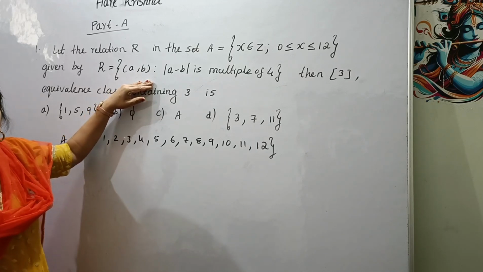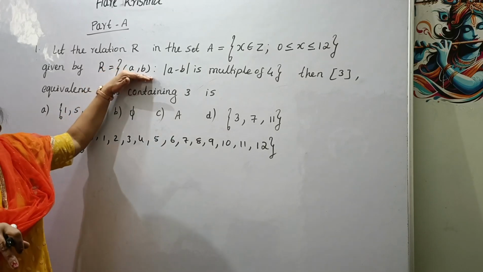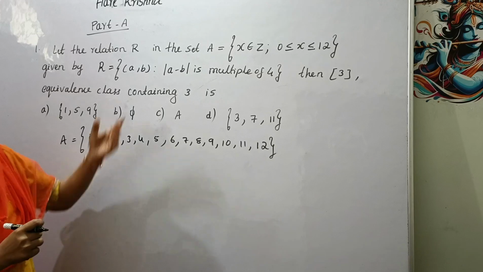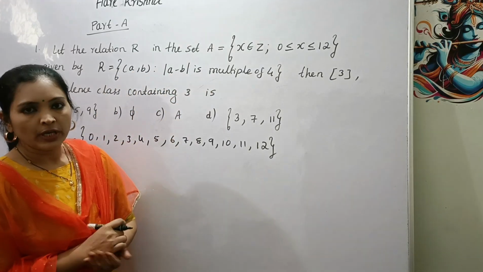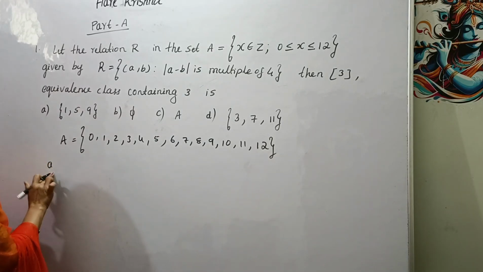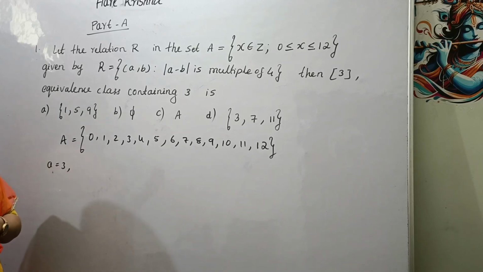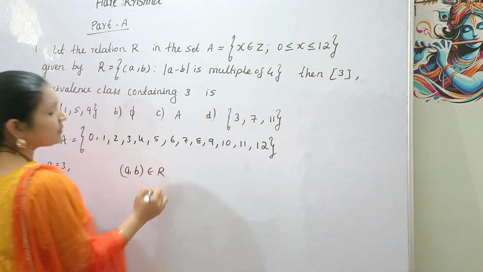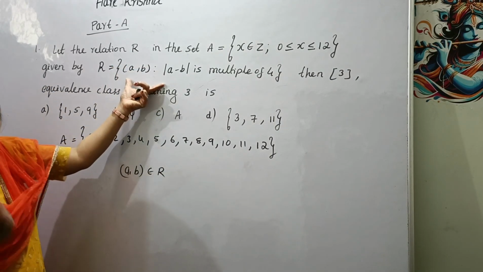We have to find the possible values of b such that this relation is satisfied, that is, such that (a, b) belongs to R. The given relation is (a, b) such that |a − b| is a multiple of 4.